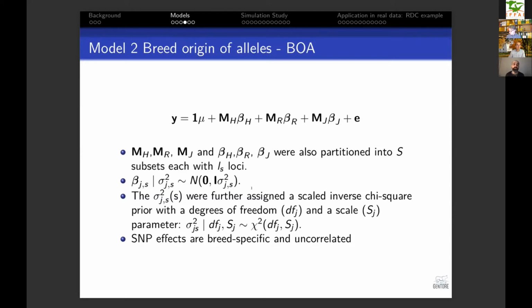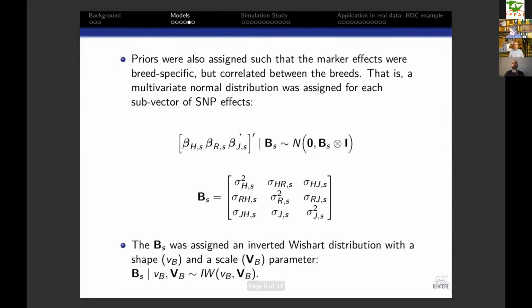We have the chance to enhance the data we can use, because if you just use data from a single breed, you are limited. We also assign priors such that the marker effects are breed-specific, but yet they are correlated.